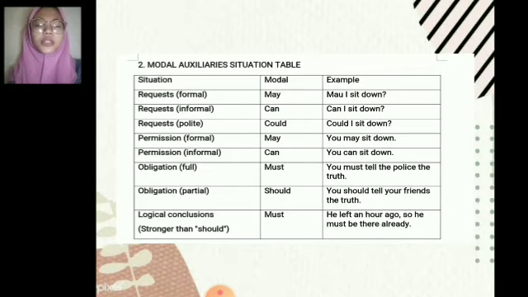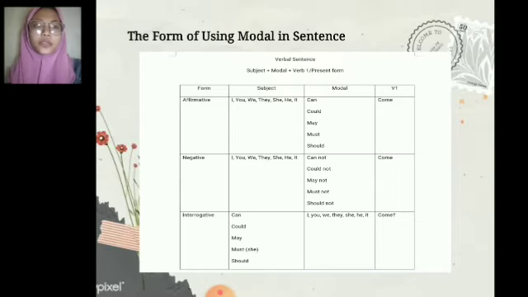And then the modals, we can see may, can, could, may, can, must, should, must. The examples you can see in my PPT like this. The next, the form of using modal in a sentence. This material will be explained by my friend Dian Fathurrohmah.